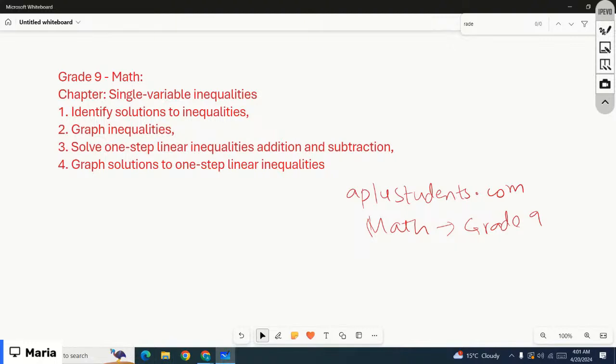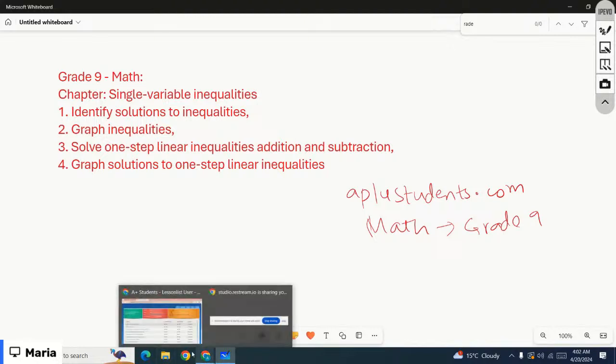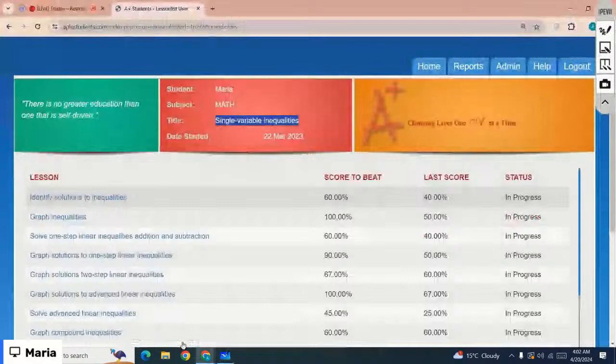The lessons we're going to cover today are identify solutions to inequalities, graph inequalities, solve one-step linear inequalities, addition and subtraction, graph solutions to one-step linear inequalities. So please make sure you have your notebook and pencil so that you can note down the important examples and definitions as well.